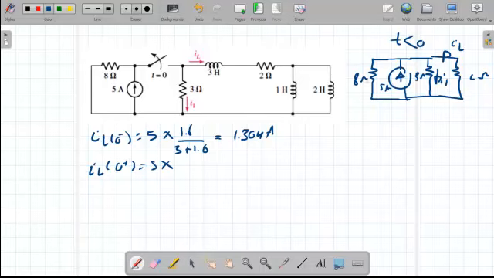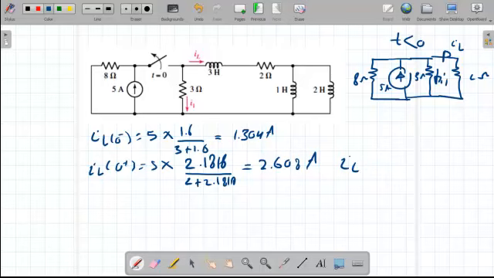We combine them together, they become 2.1818. So 2.1818 over 2 plus 2.1818, so the current here becomes 2.608 amp. IL at 0 plus will equal IL at 0 minus, so it will equal 2.608 amp.